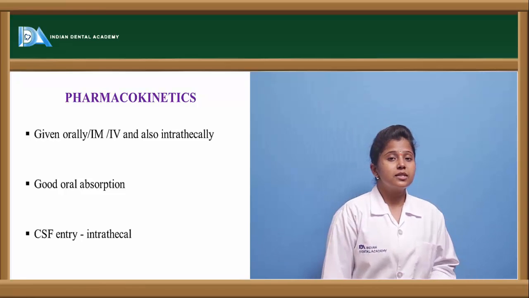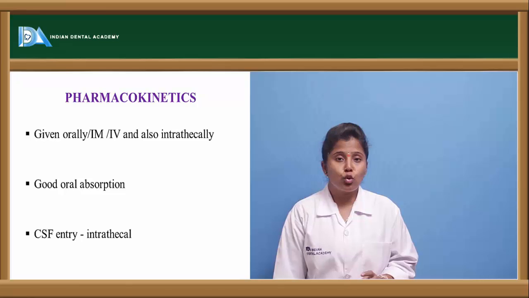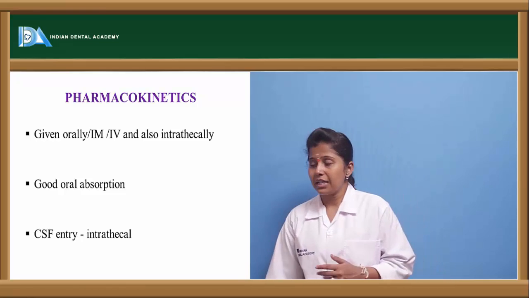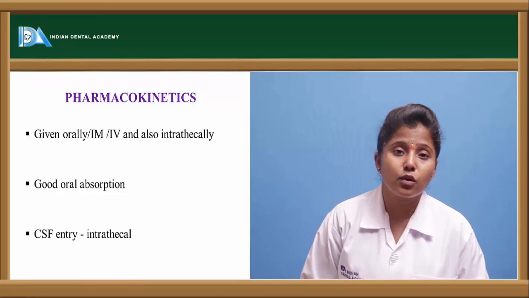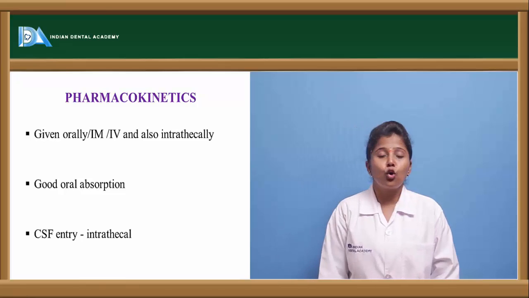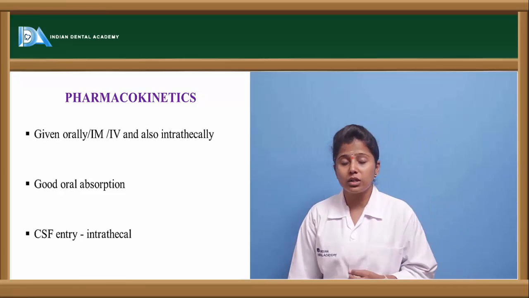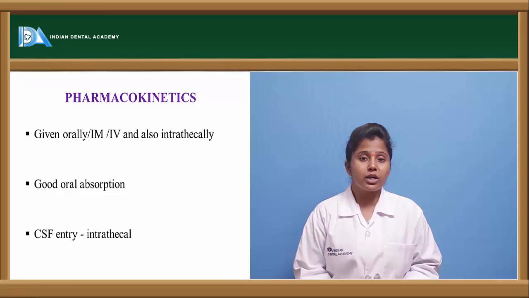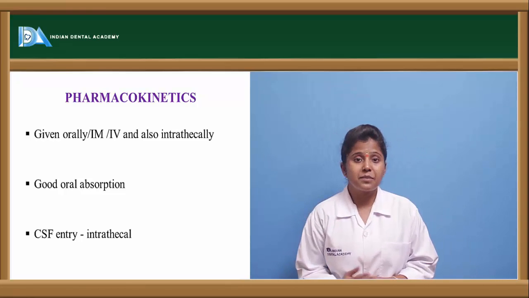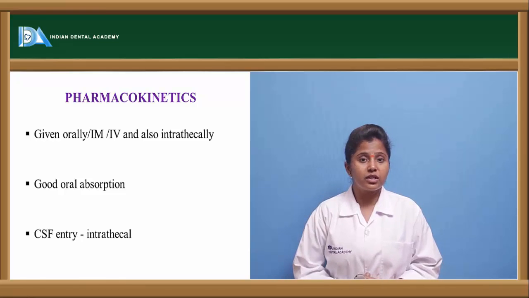This methotrexate is mostly administered through the oral as well as IM, that is intramuscular route, or IV route, that is intravenous route, and in some conditions it is also given through the intrathecal route, and it has good oral absorption. When compared to other drugs, if a drug is given through the oral route, it undergoes first pass metabolism and thereby the availability of the drug is reduced.